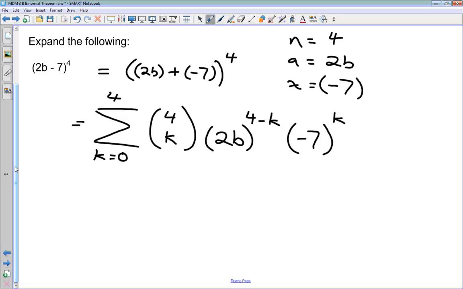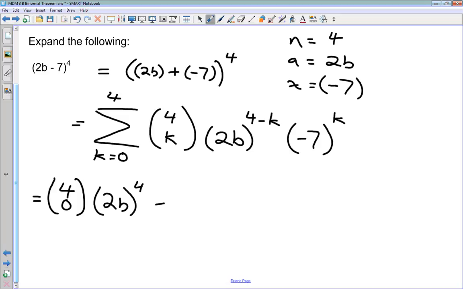Now let's expand this out and write out what each of our terms are going to be. So our first term, where k is 0, we're going to have 4 choose 0, 2b to the 4, and then we'll have negative 7 to the 0, which is just going to be 1. So we don't even need to bother writing that out.